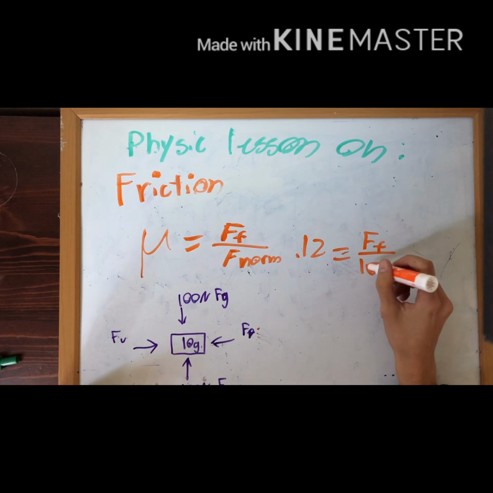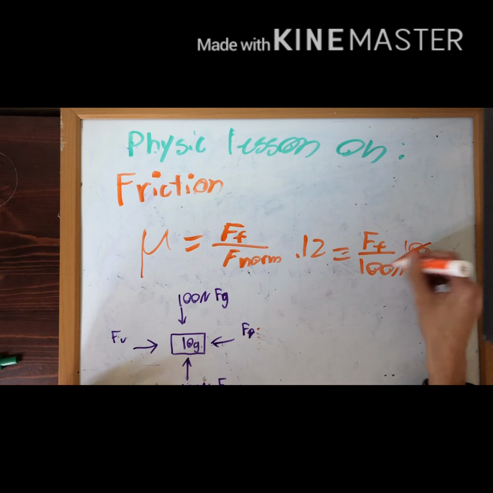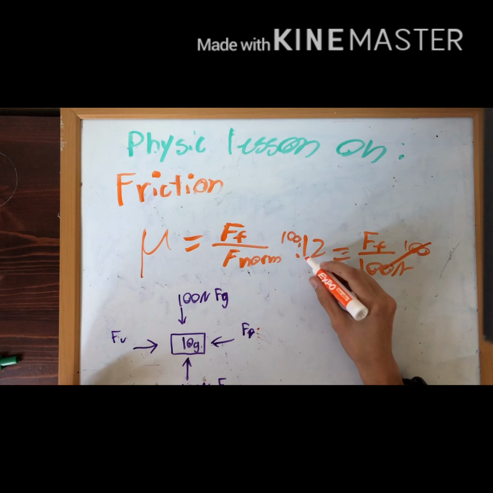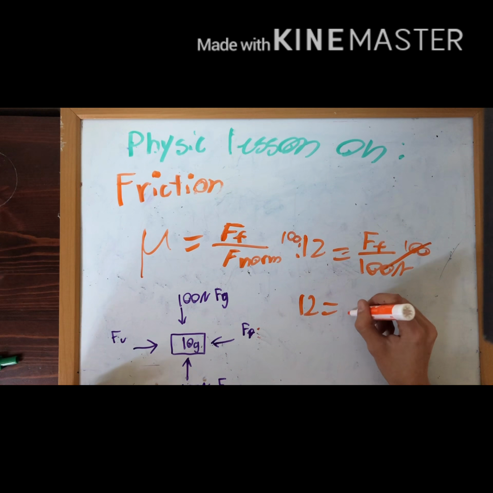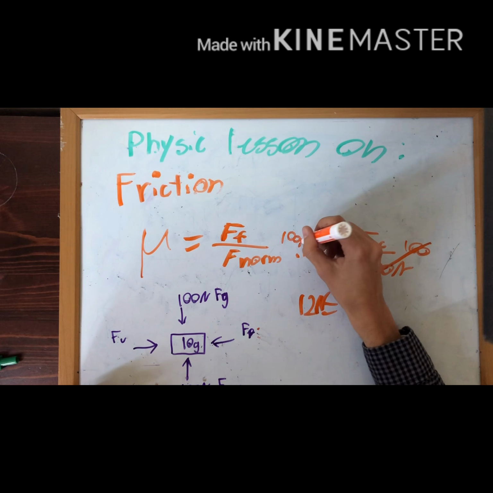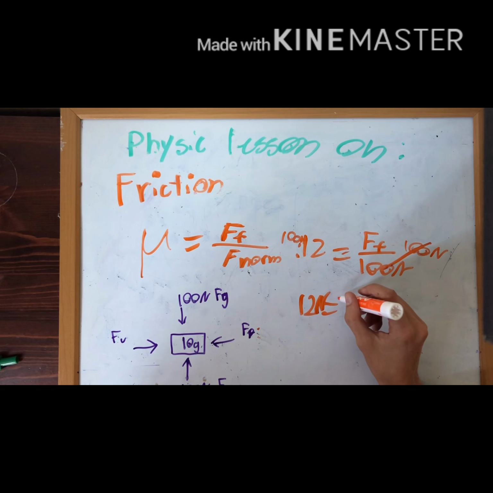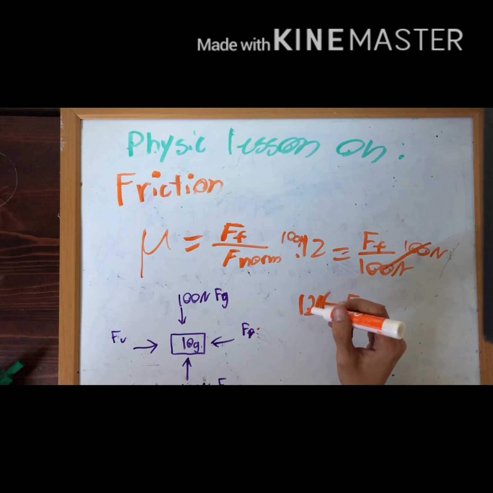What you do is use your algebra and multiply both sides by 100, canceling out the 100 on one side and multiplying it by 0.12. So 0.12 becomes 12, and you have to carry your units over, so 12 newtons equals the force of friction. Simple, it's easy, it's nice.